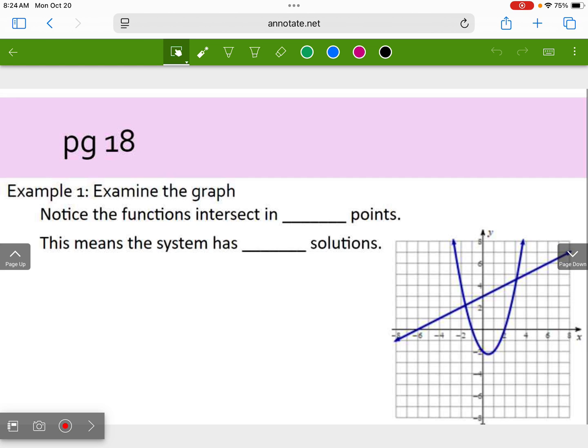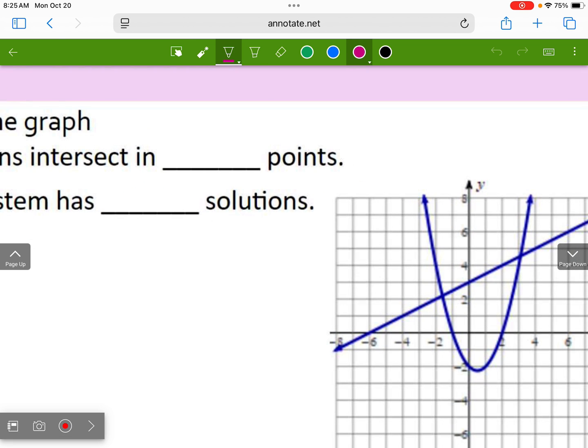All right. So bottom of page 18, we have this picture here. Here we have a parabola and a line. How many times do they intersect? Not where, just how many times?